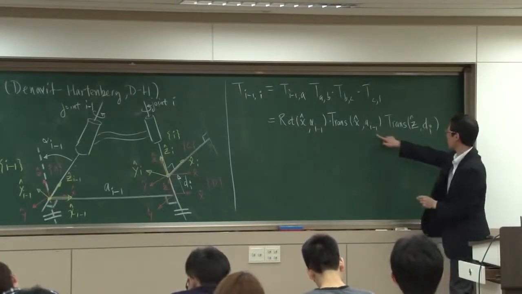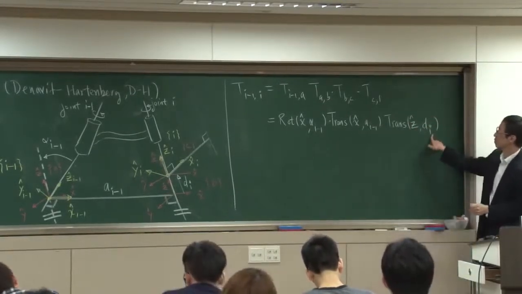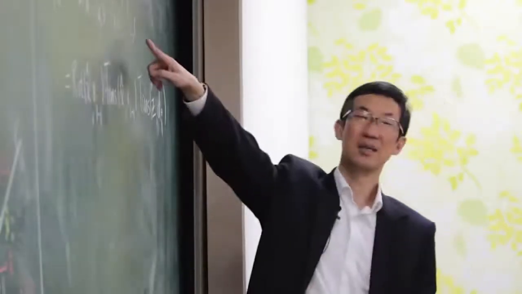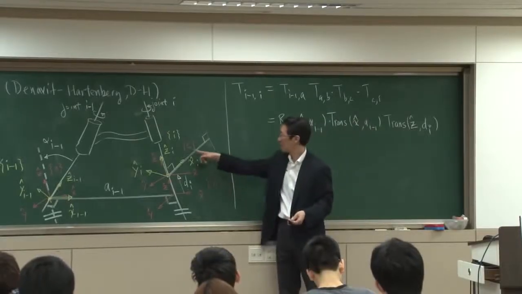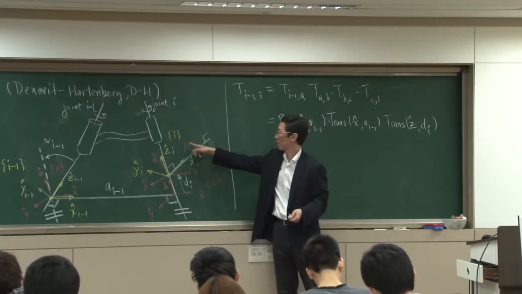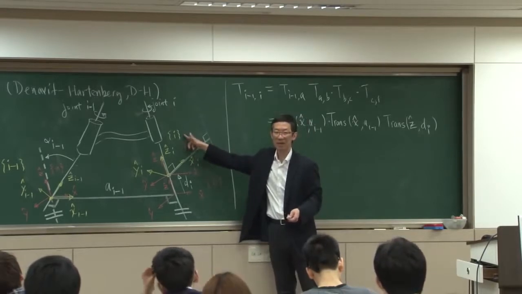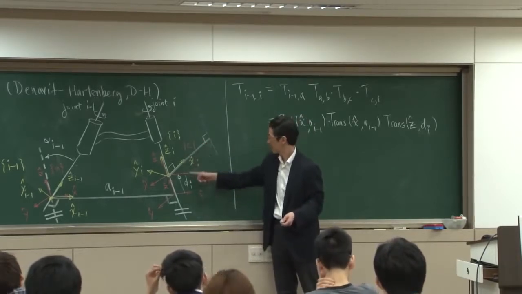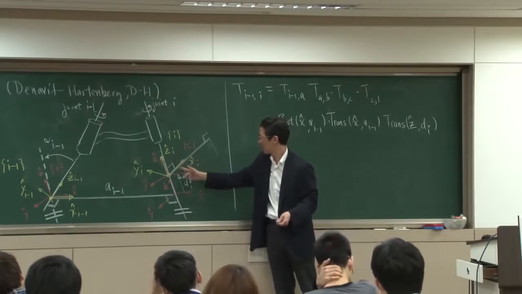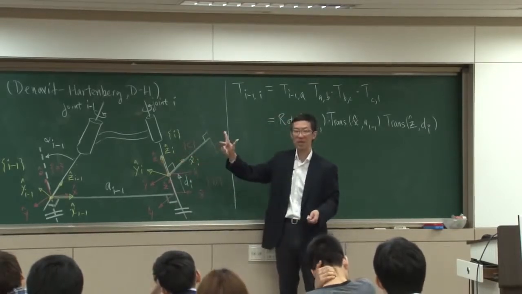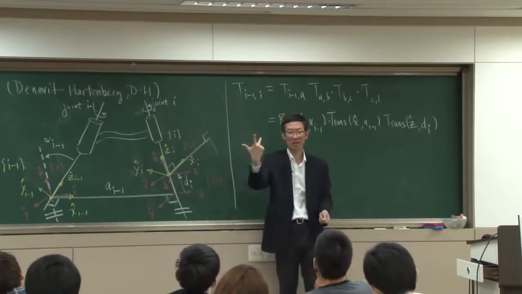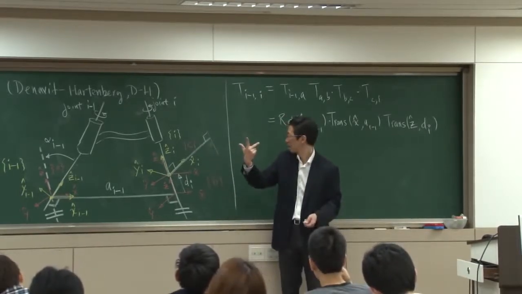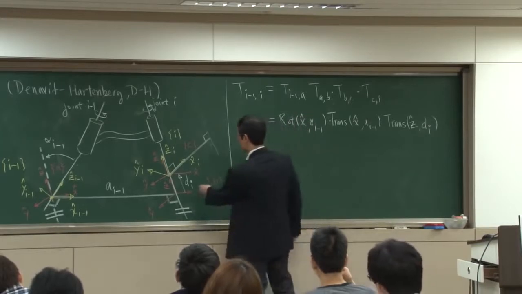So now we switch from I minus 1 to I. Last, but not least, we need T C to I. So I'm at frame C. I want to go to frame I. Frame C is the red frame. Frame I is this yellow frame. So we're rotating around the z-axis. If we rotate frame C around the z-axis, we need this angle.